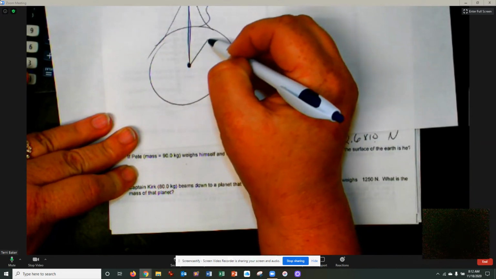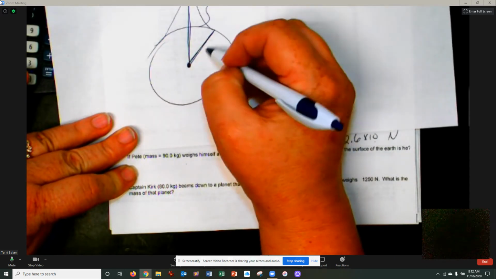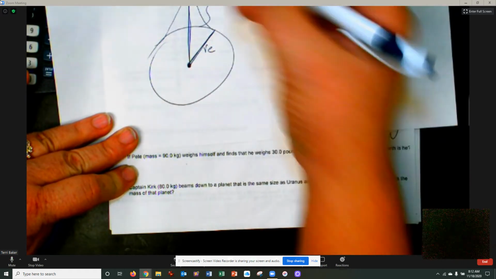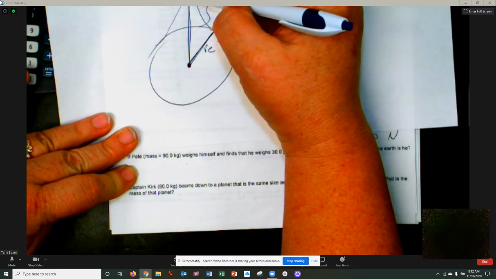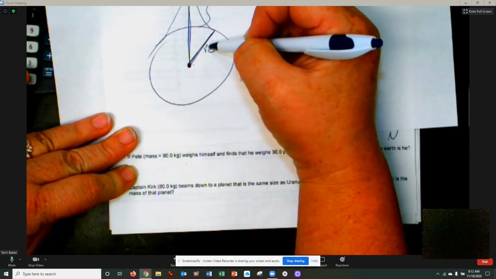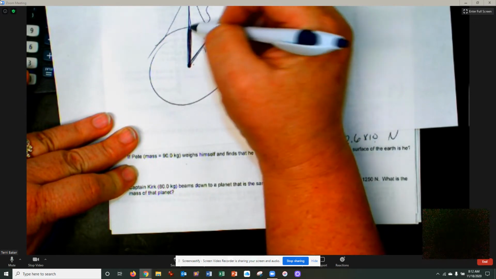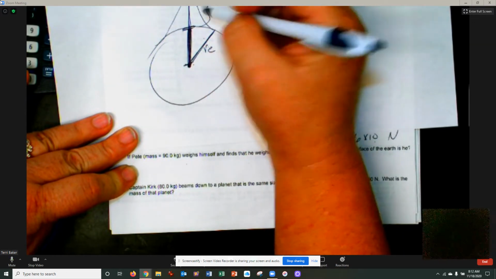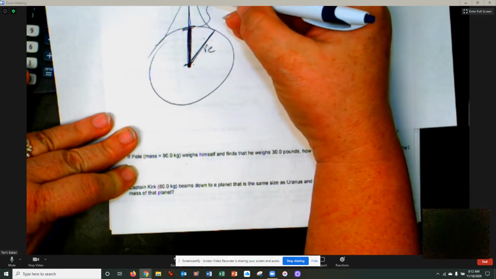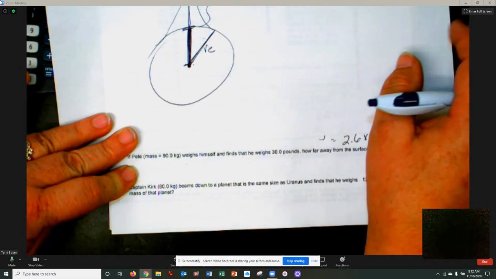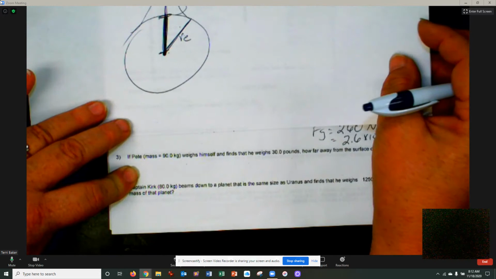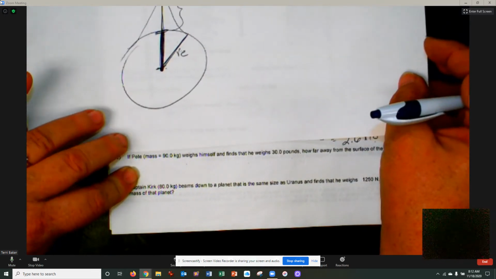Well, we're given on a chart the radius of Earth. So if we subtract the radius of Earth from this R value, what we're left with is how far Pete is above the Earth. So that's how we're going to solve the problem.